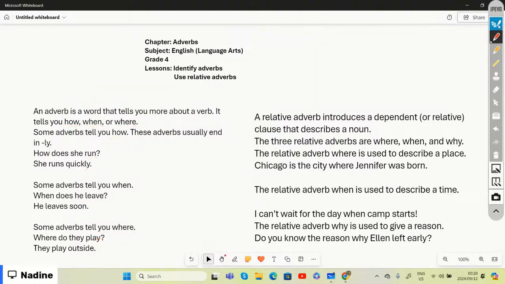And then we also have relative adverbs. Relative adverbs introduce a dependent or a relative clause that describes a noun.